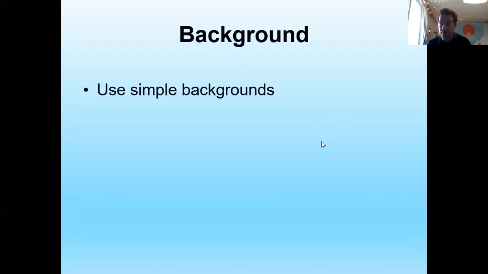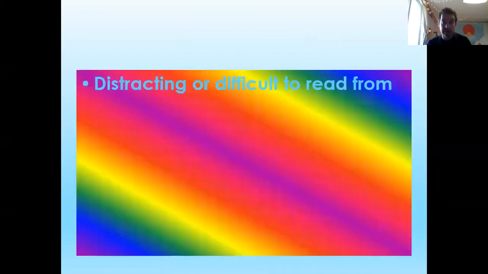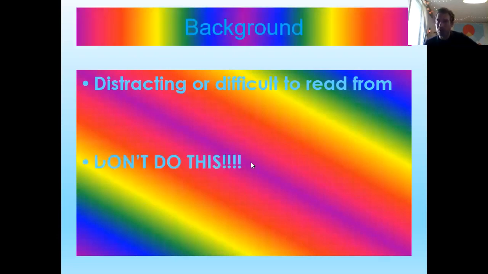This is simple, nice and light blue. Don't use something that's distracting, like this. Whoa, it looks like it's for maybe a clown show. This is distracting or too difficult to read from. For people watching your presentation, they'll have a very difficult time reading this and it's distracting. So have very simple backgrounds.